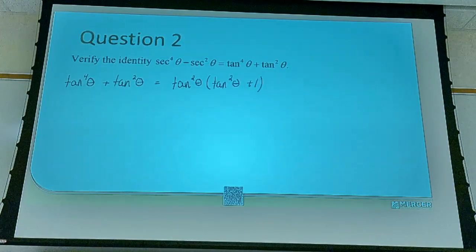Notice you can factor out a tangent squared. So do that. And remember what your goal is, because you know what you're aiming for.